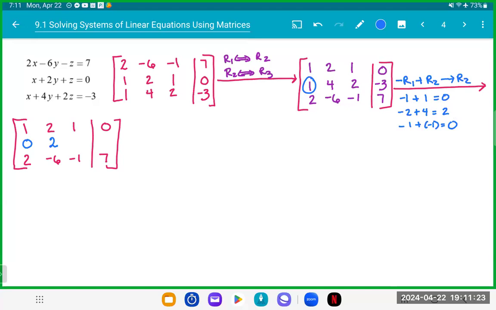Hang on. I was on the wrong row. Sorry. -1 plus 2 equals 1. We put a 1 in here. And then we have -0, which is really just 0, plus, we're on row 2, plus -3 equals -3. Okay?